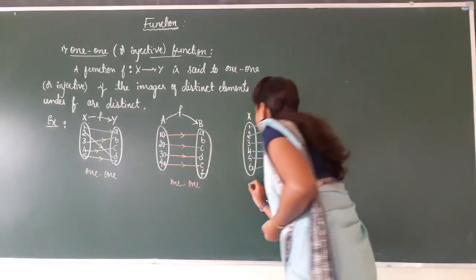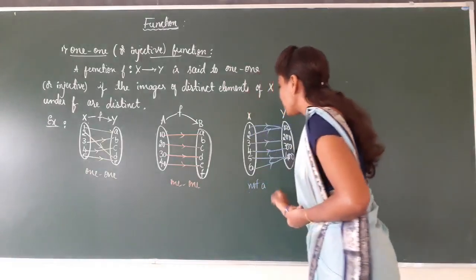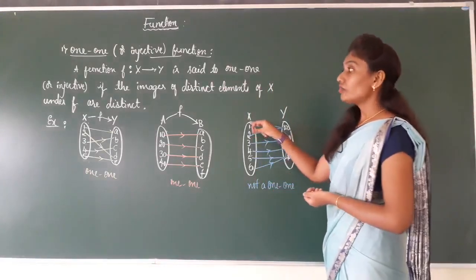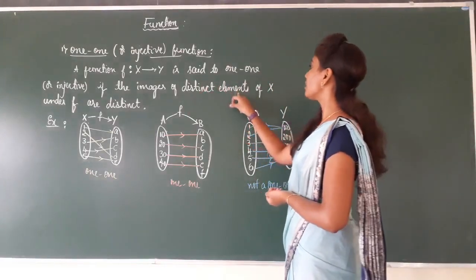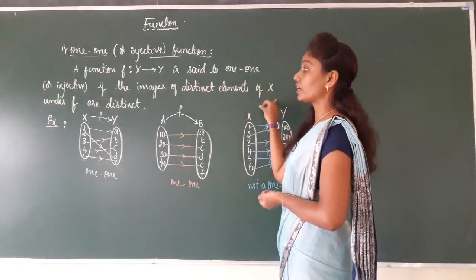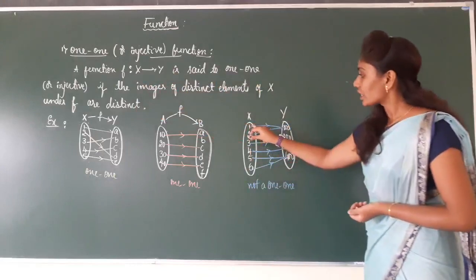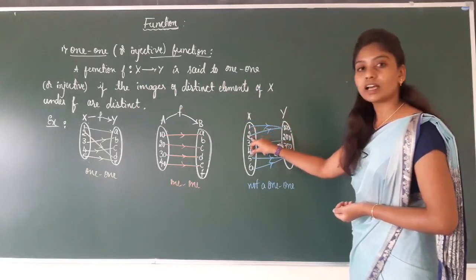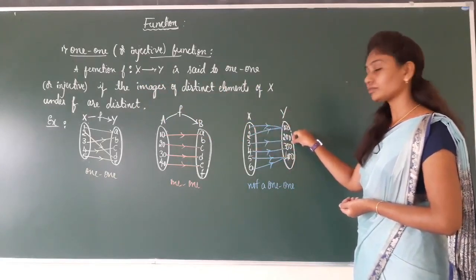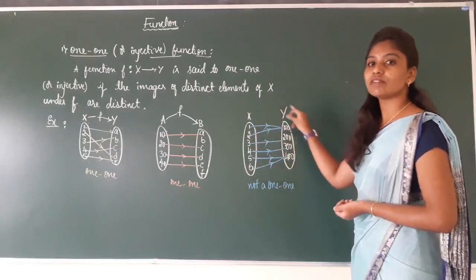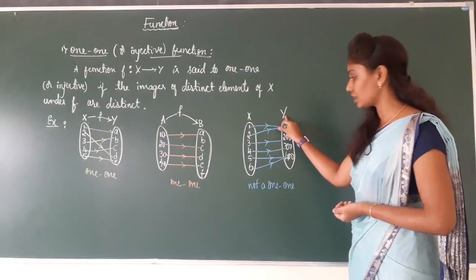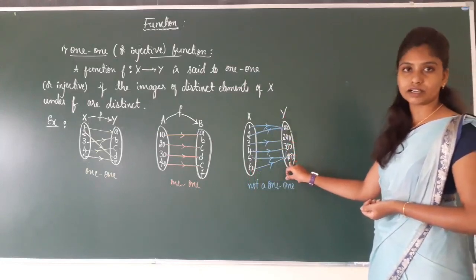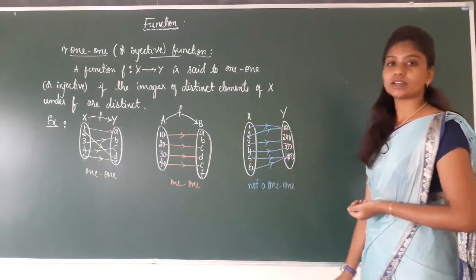This is not a one-one function. Observe here, 5 and 6 have the same image, that is 400. That's why this is not one-one function.